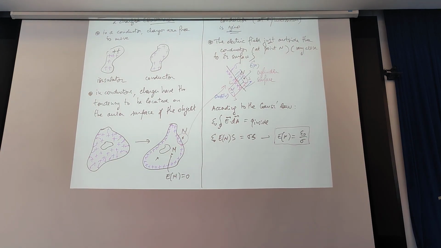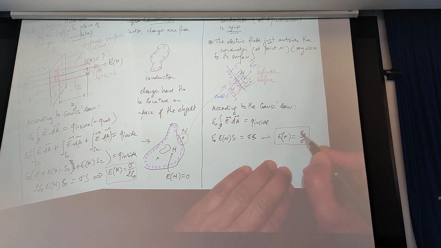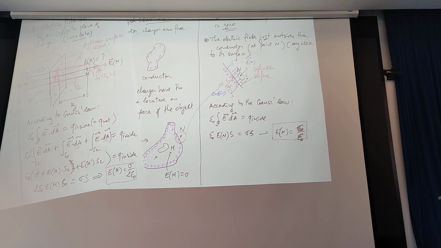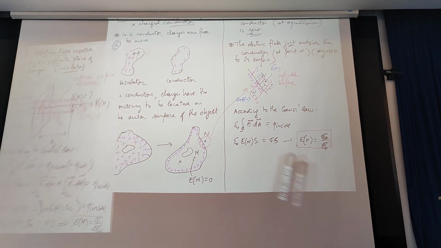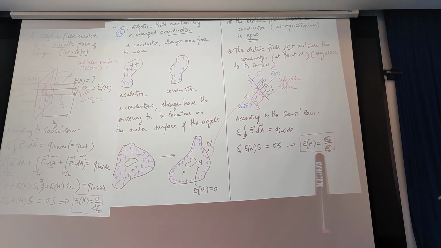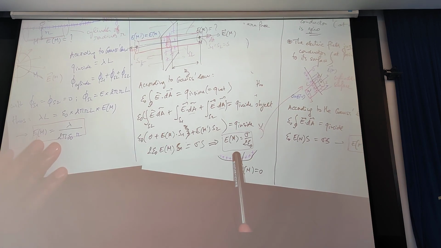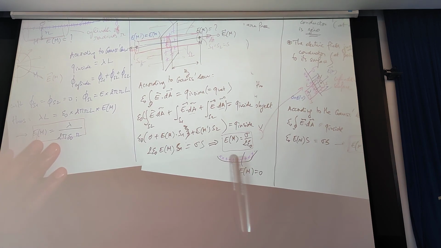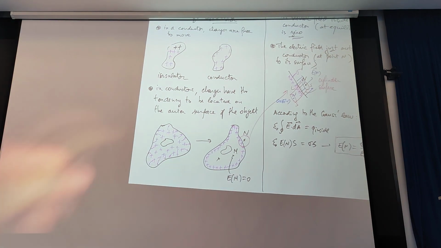Sorry, very good, sigma over epsilon 0. Thank you very much. So again, for a conductor, the electric field is sigma over epsilon 0 and not sigma over 2 epsilon 0 as in the case of the insulator. This is a difference. Okay?